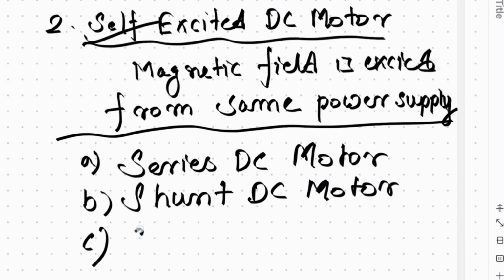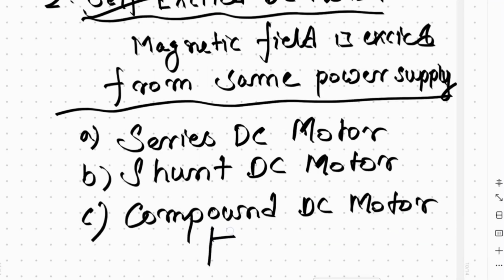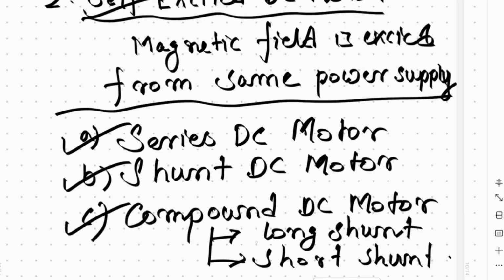Third is the compound DC motor, which is again divided into two types, long shunt and short shunt. One by one we'll see the explanation of this classification: series, shunt, compound type, long shunt and short shunt.